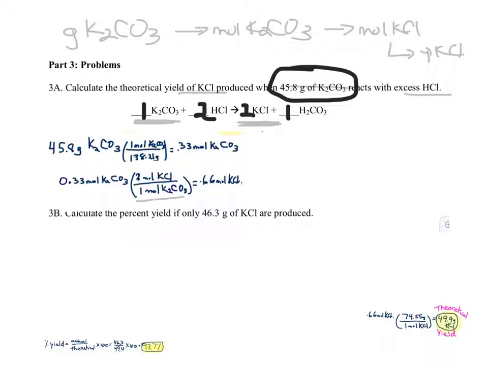Since moles of potassium carbonate is on top, I'll put it on bottom, that way they cancel out. 2 moles of potassium chloride are formed from every mole of potassium carbonate. So I'm basically doubling it. 1 potassium carbonate makes 2 potassium chlorides. So 0.33 potassium carbonates make 0.66 potassium chlorides.